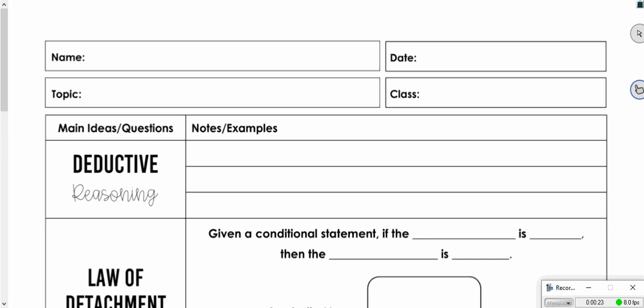We draw conclusions based on, okay, sort of, but based on like patterns. Remember when we were talking about patterns of numbers?